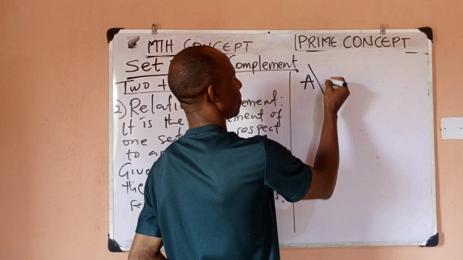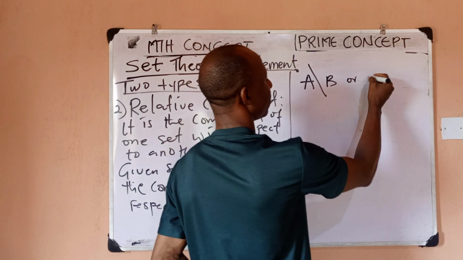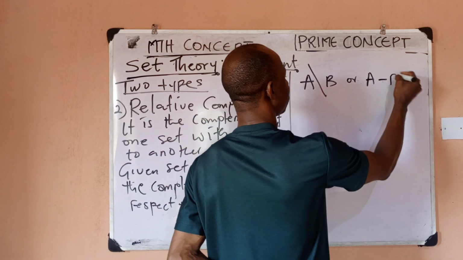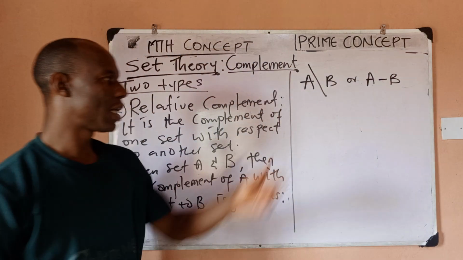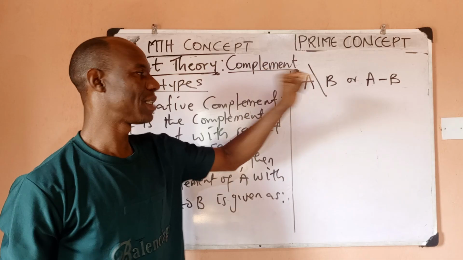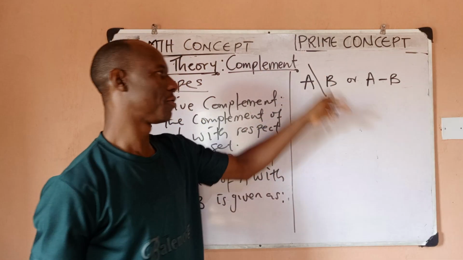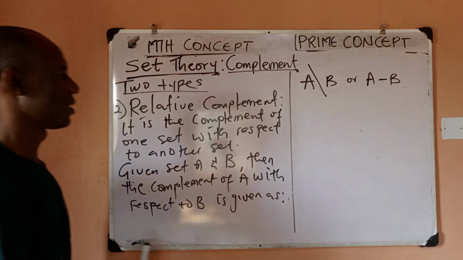We denote it like this, or we denote it this way, A difference B. Either we use this symbol or we use this symbol. Both of them are saying the same thing. So this means A difference B.